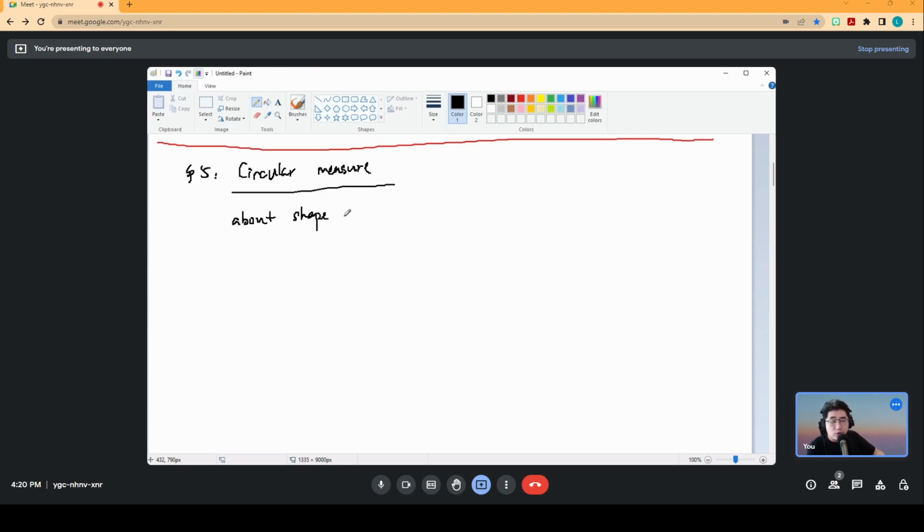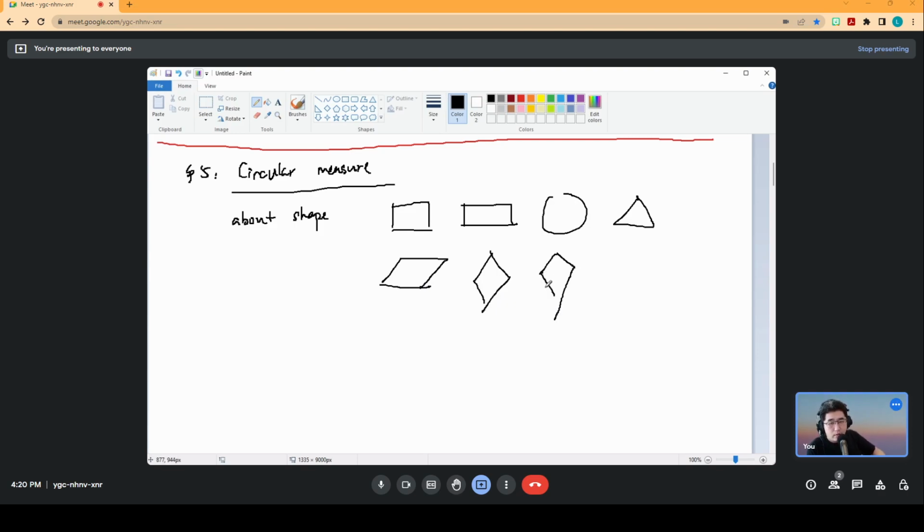For example, square, rectangle, circle, triangle, parallelogram, rhombus, a kite, maybe a trapezium. So you are required to know about shapes.